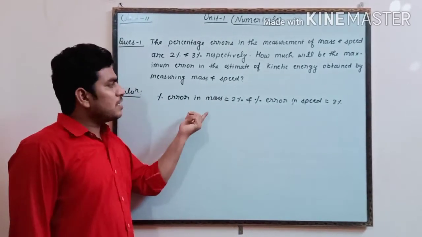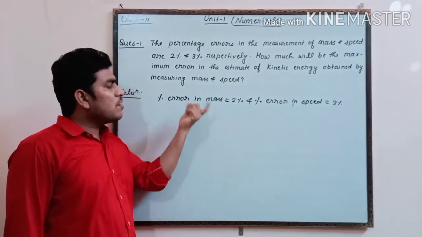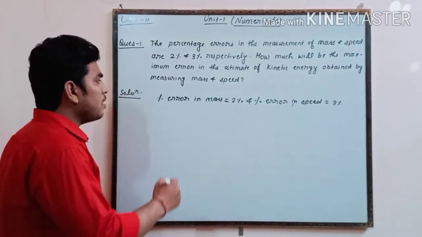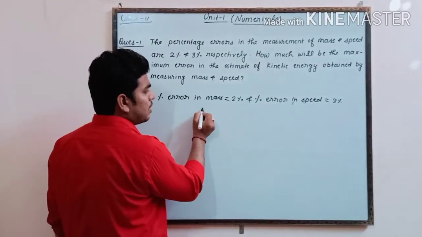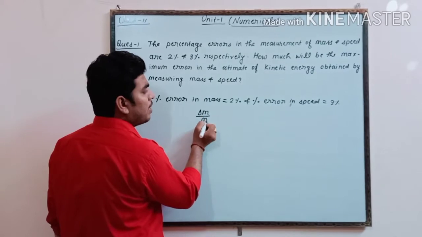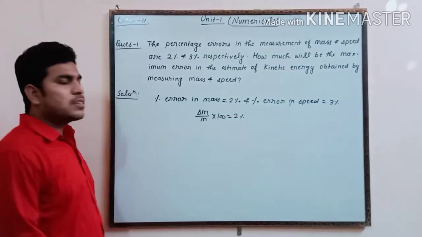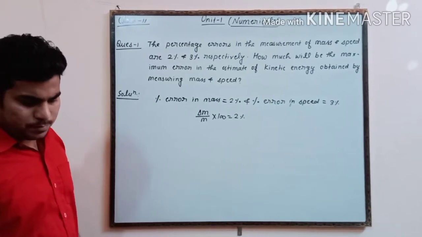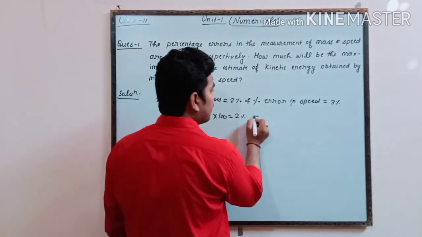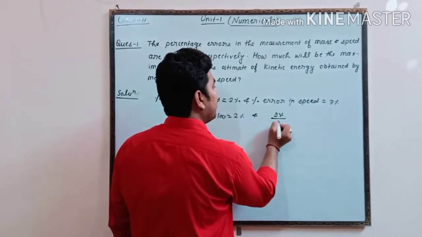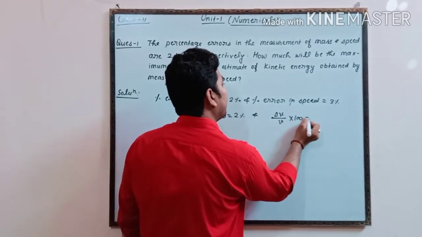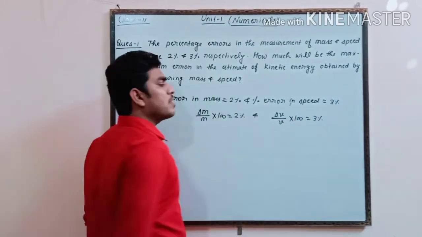So first write this percentage error. If mass is denoted by m, so percentage error will be denoted by delta m upon m into 100. That is 2%. And delta v upon v into 100, that is 3%.